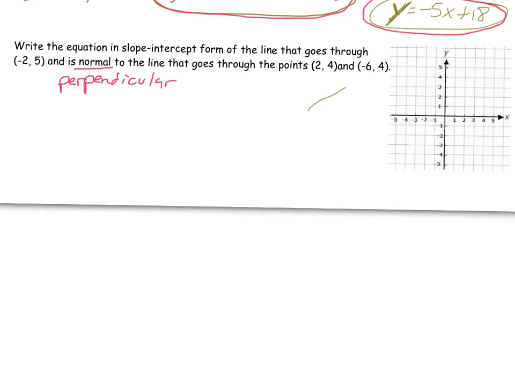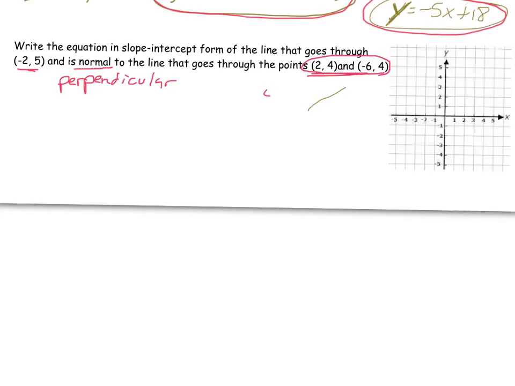So it goes through this point and it's perpendicular to a line that goes through these 2 points. So what we have to do is find the slope of the line with those 2 points, find the perpendicular slope, and then plug it into our formula. So let's start with this right here.